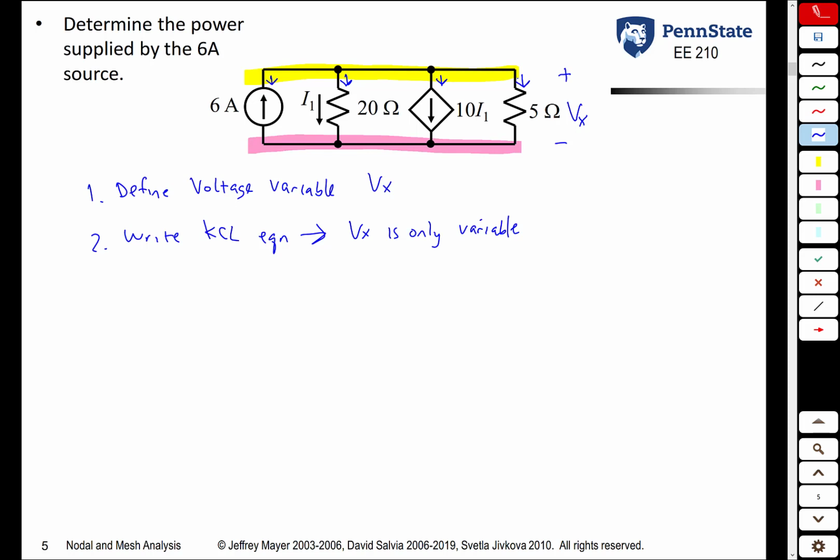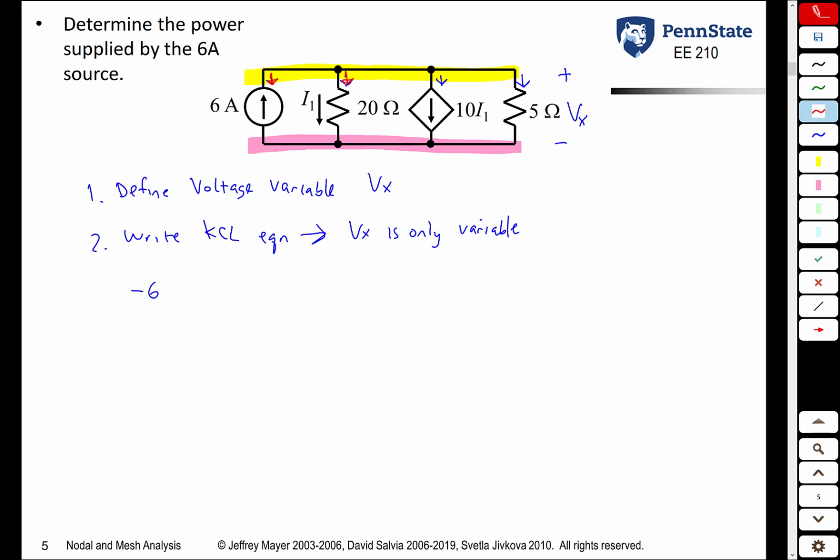So let's sum all the currents leaving the yellow node. If you look at this first branch, we have 6 amps entering that node, so we have negative 6 amps leaving that node, so negative 6. Second one, we have this current I1. We're not going to write it as I1 though.